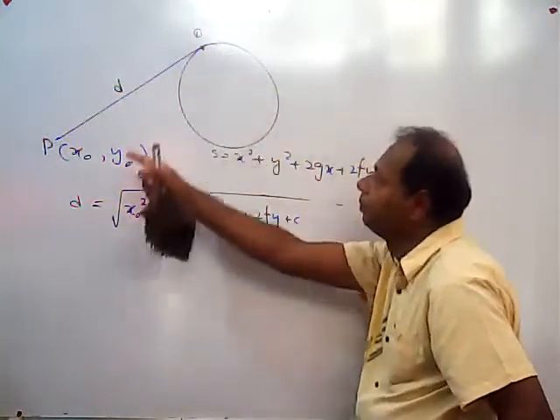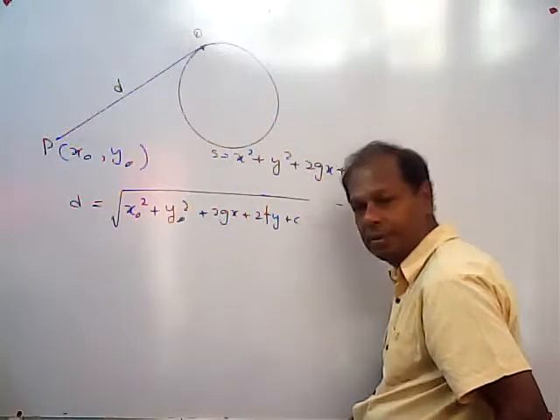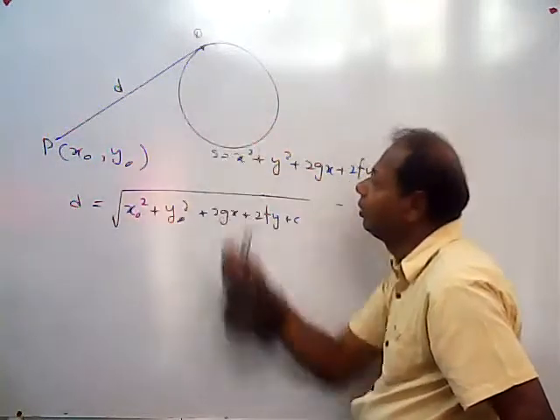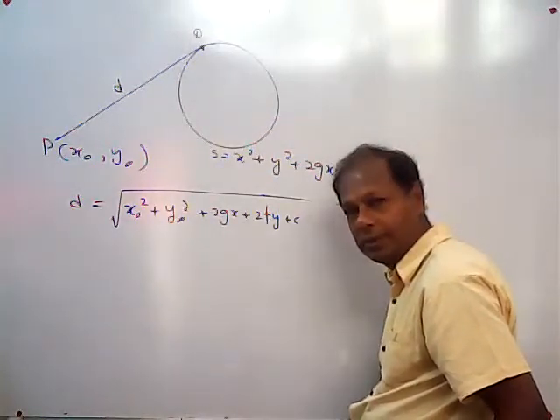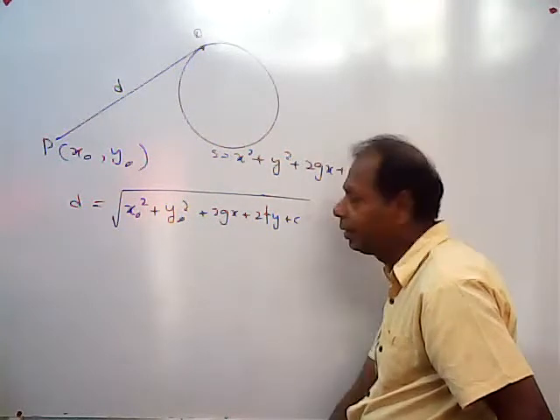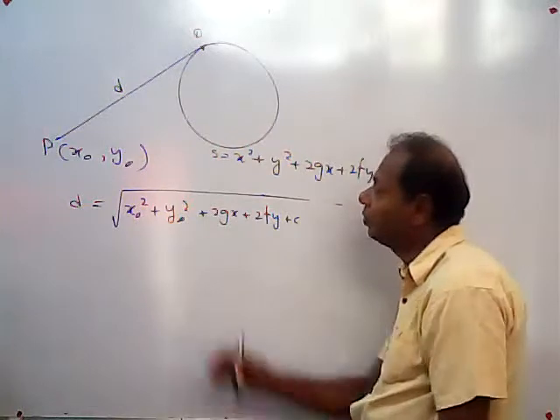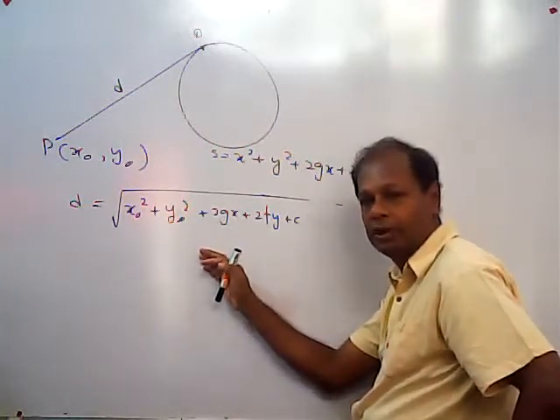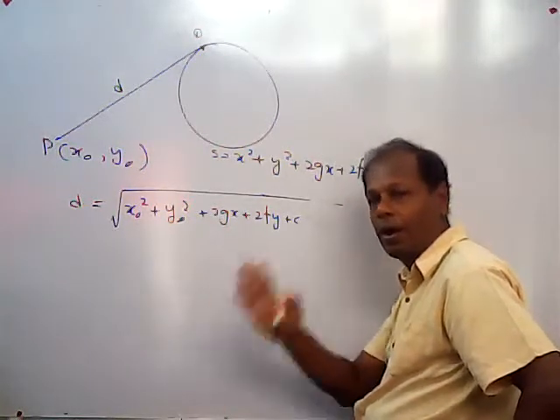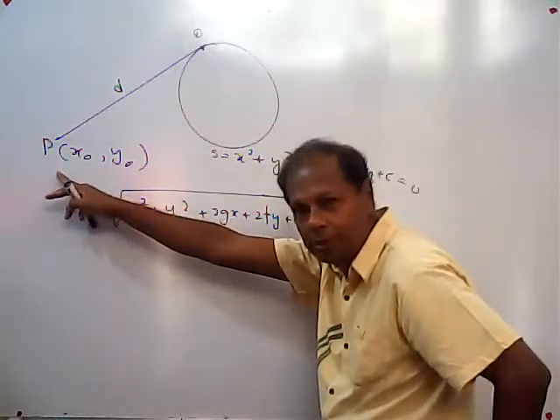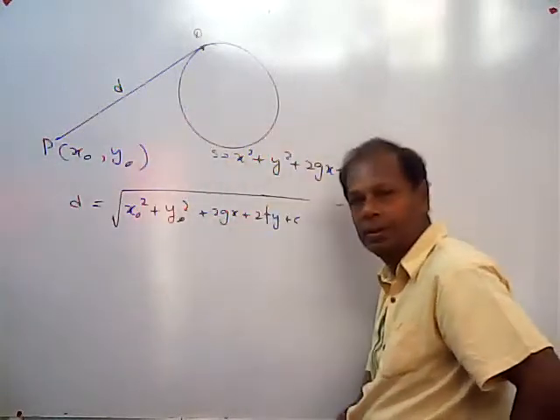So that gives the tangential distance from this point to this circle, right? And then using this, we explain how to find the position of this point relative to the circle.